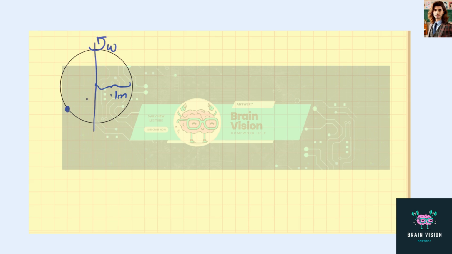We have the bead here. This angle is beta. And this distance here is r. Okay, so find the angle beta at which the bead is in vertical equilibrium.